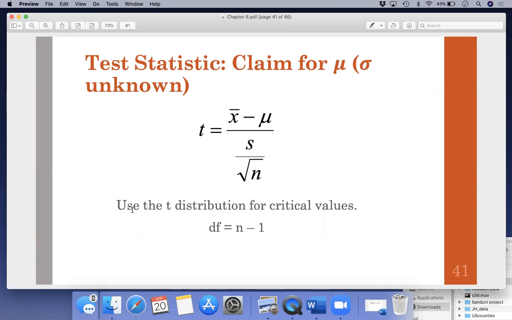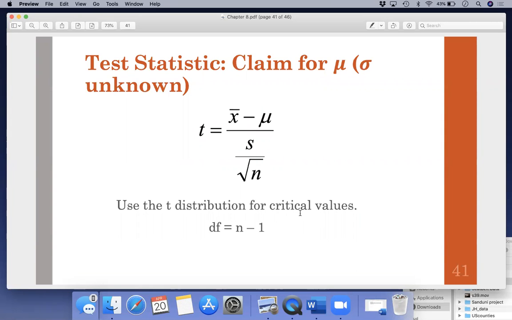Then in this method you have to remember this also. Normally we have two methods, critical value method and p-value method, and we can use one of them to get our conclusion.